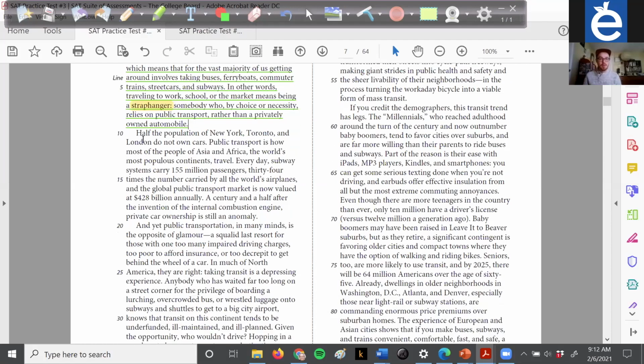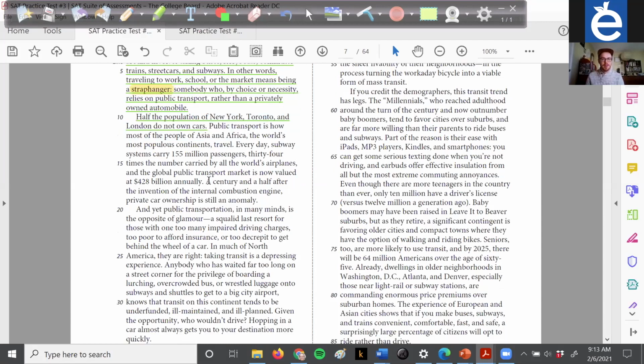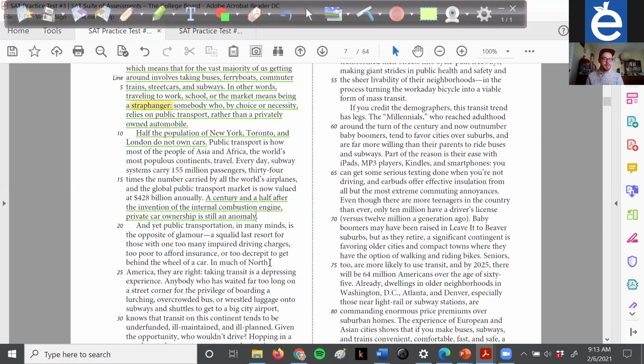All right, but let's keep moving. Quick pace. Half the population of New York, Toronto, and London do not own cars. Okay, cool data. A century and a half after the invention of the internal combustion engine, private car ownership is still an anomaly. All right, so we're doing what we do in a lot of science passages, which is setting the stage. We set what is the norm, and then we talk about how things might deviate from that norm.